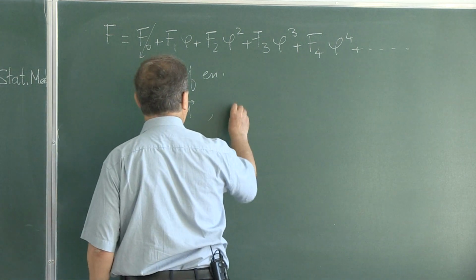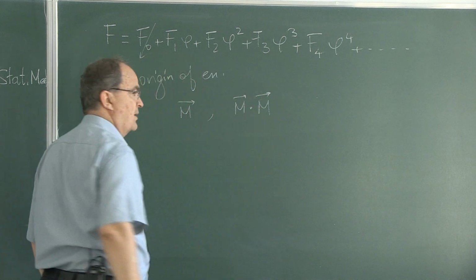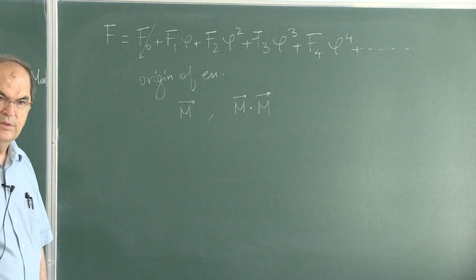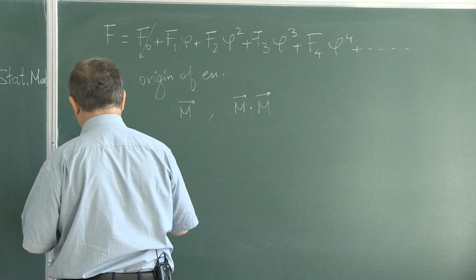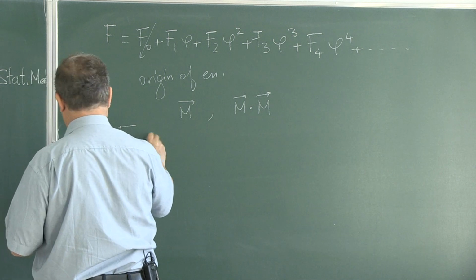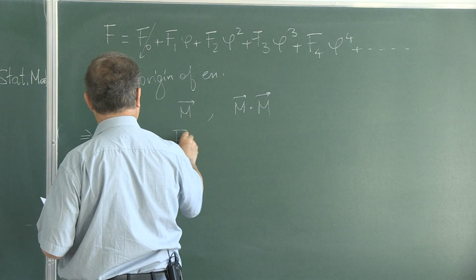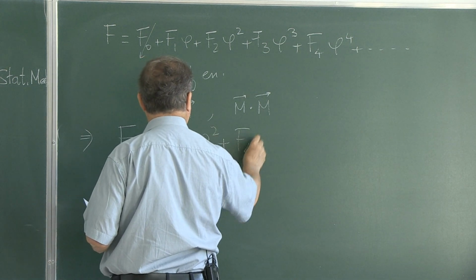You only have m dot m to get a scalar from a vector, which is m squared, which is phi squared. So you write F as F2 phi squared plus F4 phi to the 4.